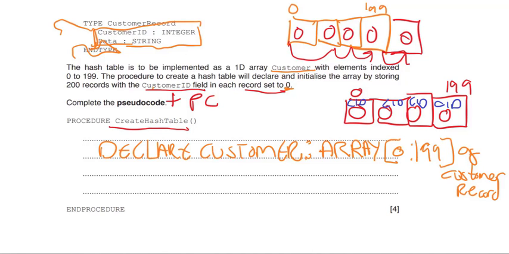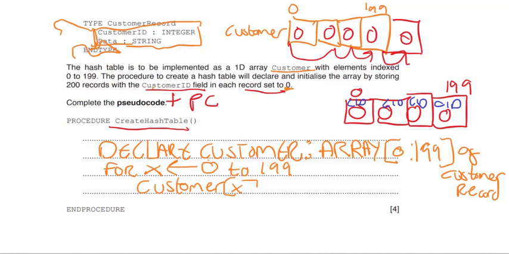Sorry Martina, I've used a different color. Okay, so we're going to do for x, or it could be for I, whatever, in range 0 to 199. Inside our for loop, we're going to have customer. So we're talking about this array, so customer.